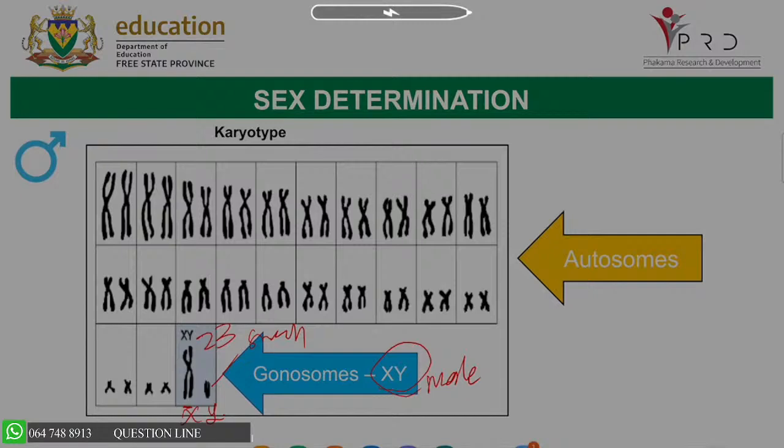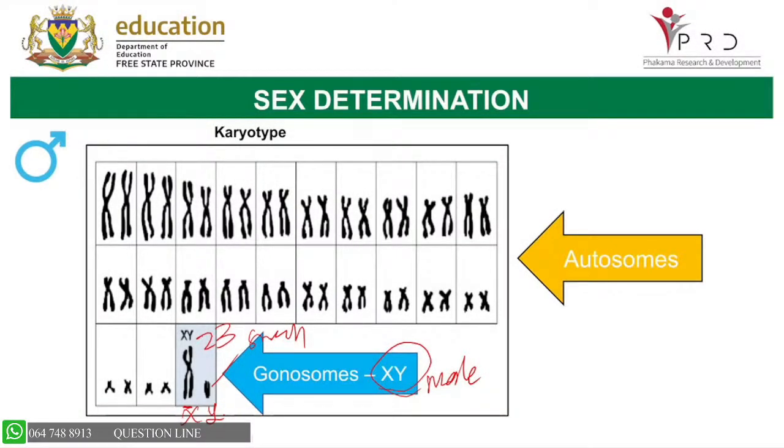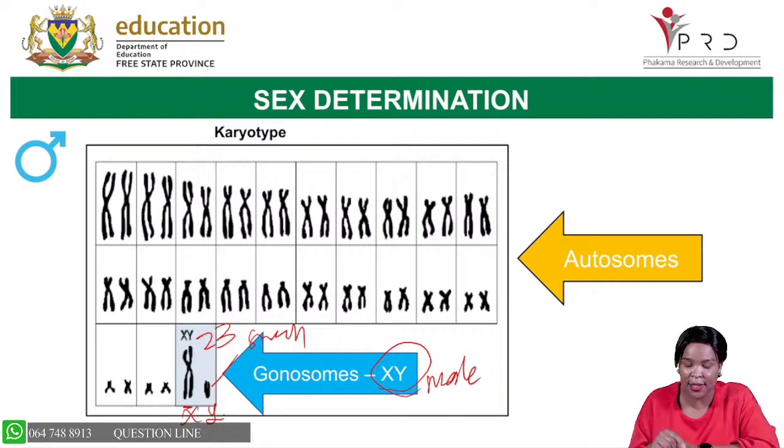So this is a karyotype that is showing you a male. And all other chromosomes from number 1 to number 22 are called autosomes. They are ordinary chromosomes. And then the chromosome number 23 are called gonosomes. They are sex chromosomes. Please pay attention to that terminology.